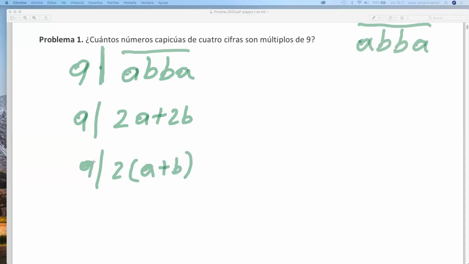But 9 does not divide the number 2. So 9 must divide a plus b.